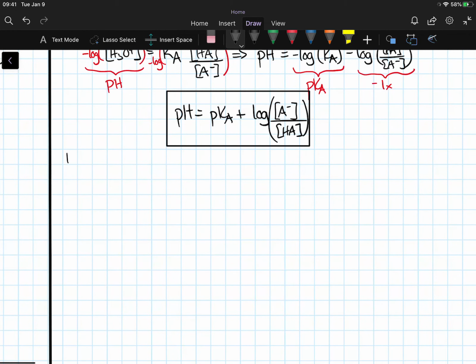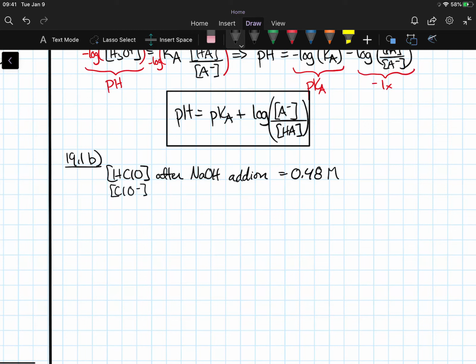So if we go back to problem 19.1, there's another video on that. If you go back to that problem and look at part B, after we did a sodium hydroxide addition, the concentration of the HClO, the weak acid, was 0.48 molar. And similarly, the concentration of the ClO minus, the conjugate base, was 0.62 molar.